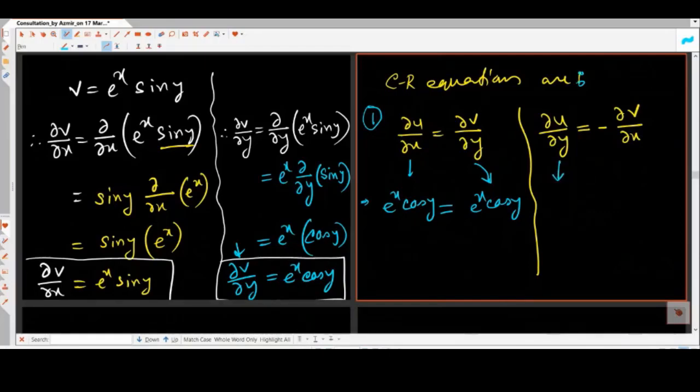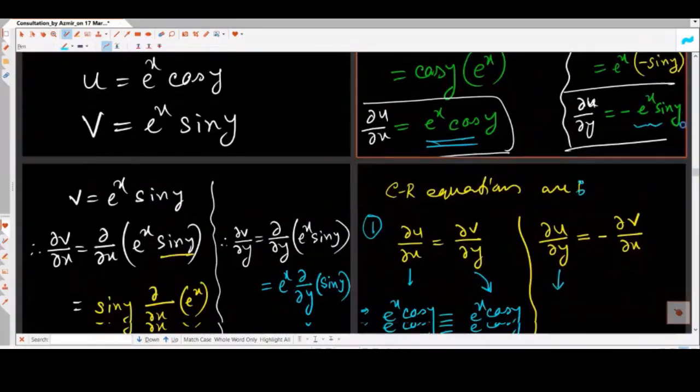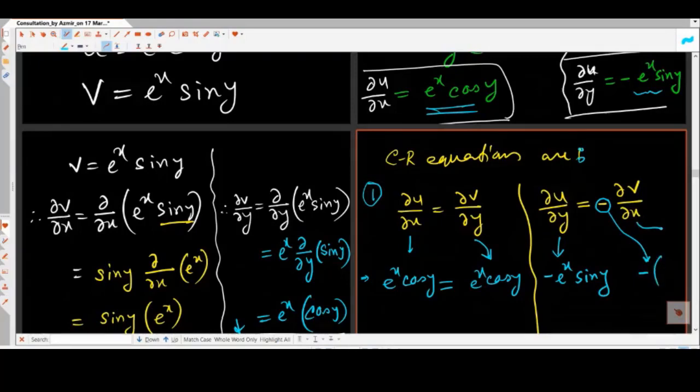Let's have a look on du dy. So du dy is negative e to the x sine y. We have a negative sign on the right side, so we are writing negative first. So let's collect dv dx.